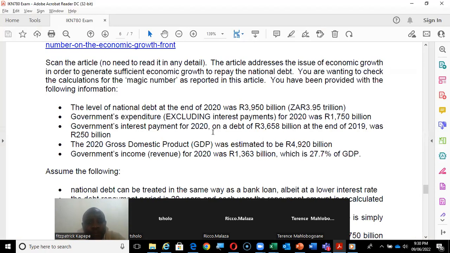So we get back. We are told the level of national debt at the end of 2020 was 3950. Government's expenditure, excluding interest payments for 2020, was 1750 billion. That we have already captured. Government's interest payment for 2020 on a debt of 3,658 billion at the end of 2019 was 250 billion.